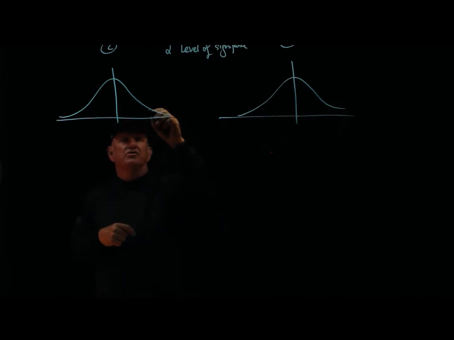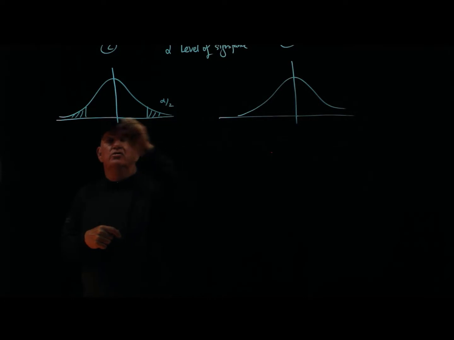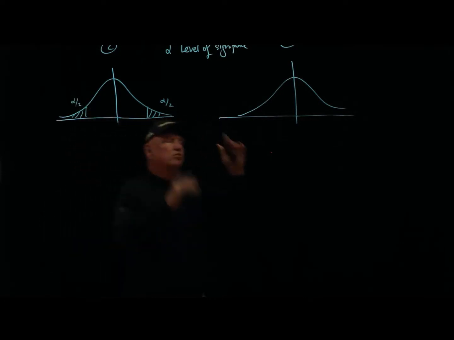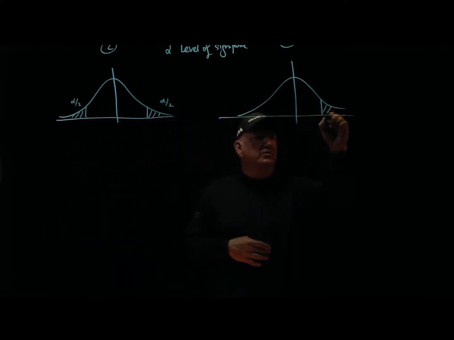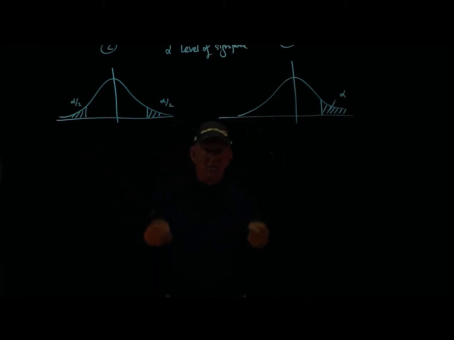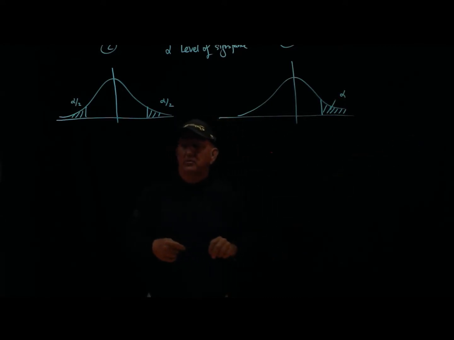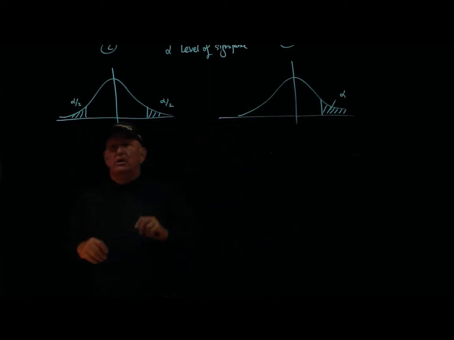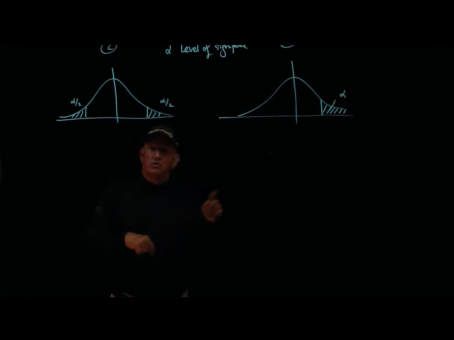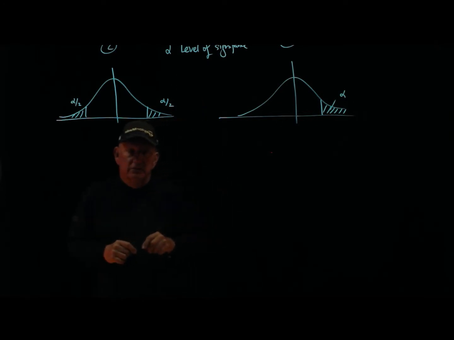In the two-tailed test, you distribute that probability in two regions, right? This is alpha over 2, this is alpha over 2. In a one-tailed test, you distribute it in one region. So understand that these shaded regions have the same overall area. You've just put all that area out in one tail in one case, and in the other you've divided it in two and put half the area on one side, half on the other. The area is equal to alpha, okay?